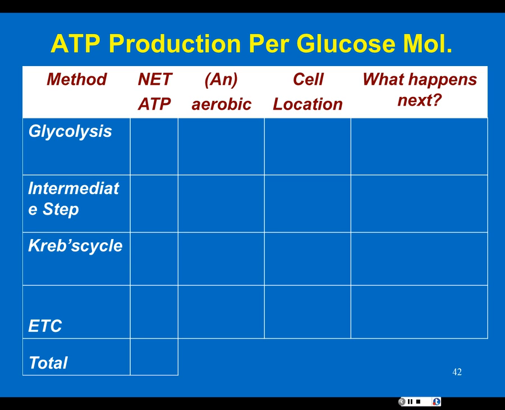Acetyl-CoA can start the Krebs cycle, which also is happening in the mitochondrial matrix. Does it produce any ATP? 2. How much per turn? 1 per turn, but collectively 2. Under aerobic or anaerobic conditions? Anaerobic.